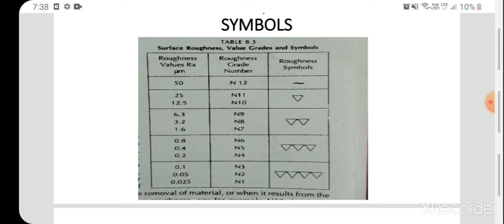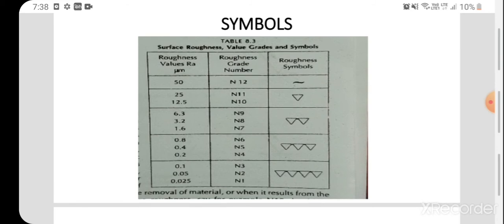For roughness values ranging from 1.6 micrometer to 6.3 micrometer, two triangles are used in series. For roughness values ranging from 0.2 micrometer to 0.8 micrometer, three triangles are used in series. For roughness values ranging from 0.025 to 0.1 micrometer, four triangles are used in series.